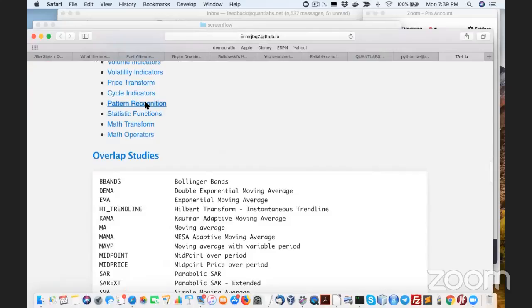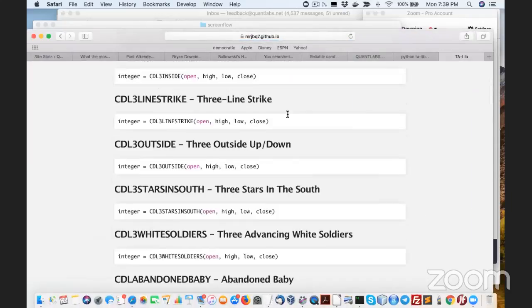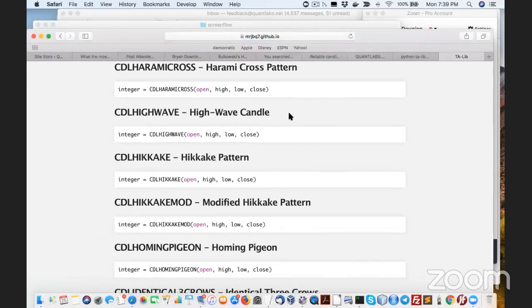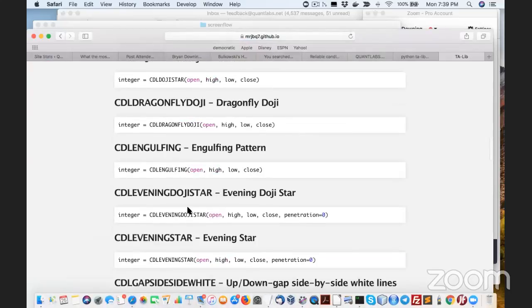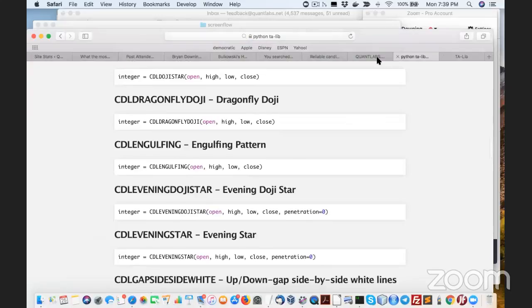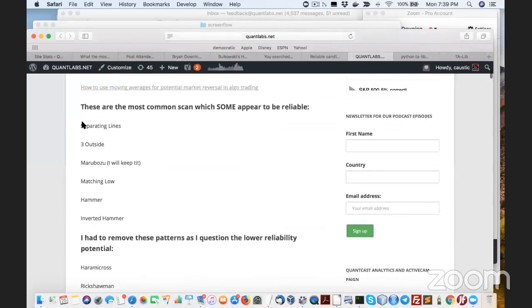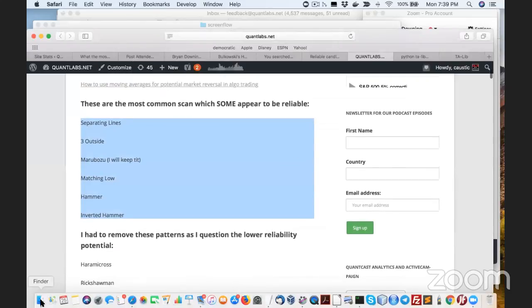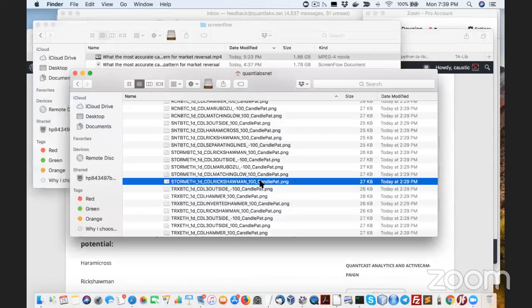But basically, we have these pattern recognition functions, which are really candlesticks. So these are all the ones I went through to see which ones are reliable, which ones are no good. And as I said, I've whittled them down to 6. These ones here seem to work okay, and they're also the most common, as I mentioned earlier.